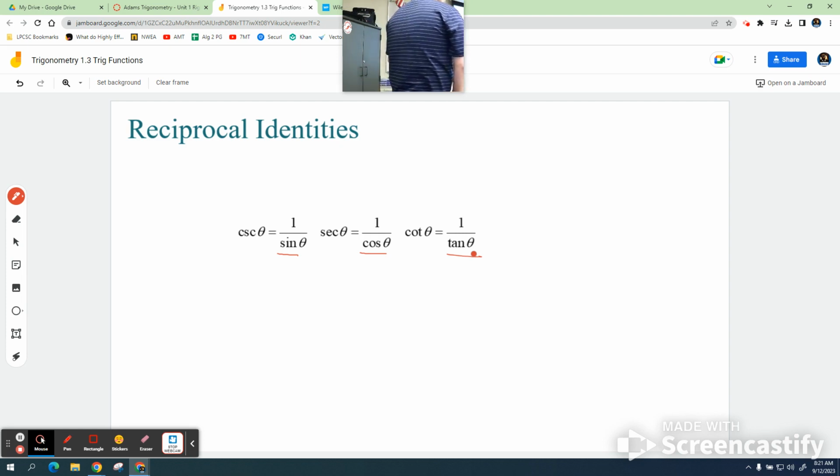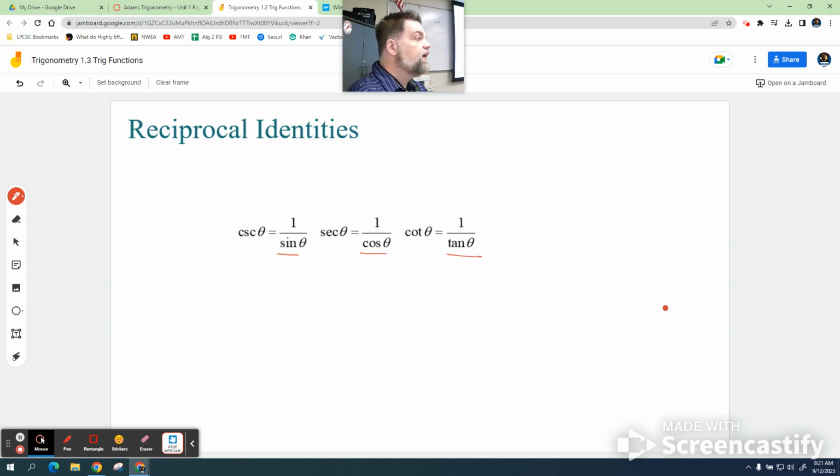Okay? And we will cover trigonometric identities at some point. And so this is very critical. But remember what I said, everything is some sort of composition of sine or cosine. Really, technically, everything is some sort of composition of sine, because you'll learn that cosine is a cofunction of sine. Okay? So I'll give you a second. But we call these the reciprocal identities.